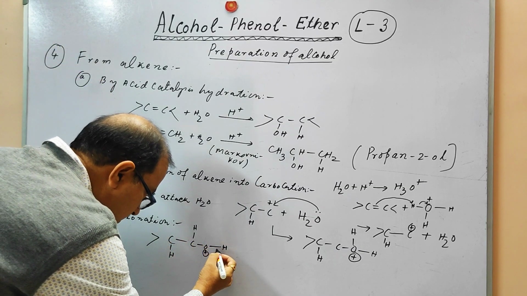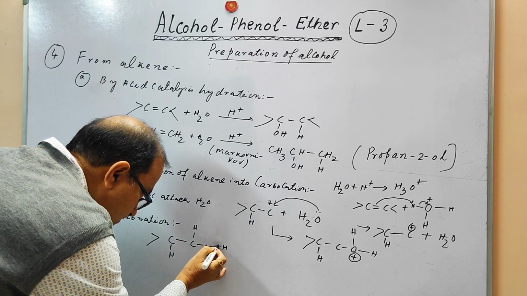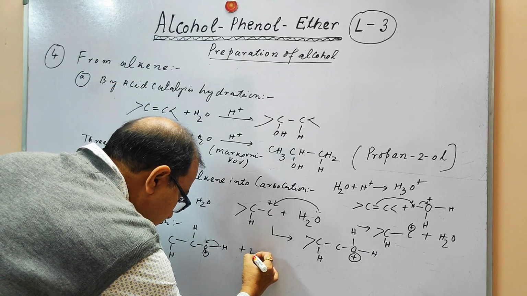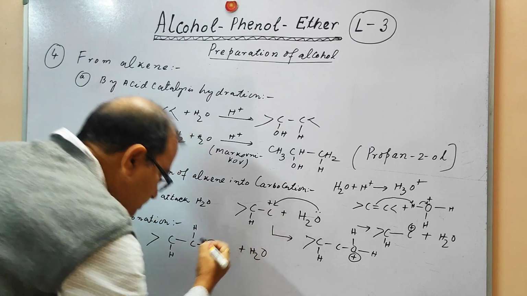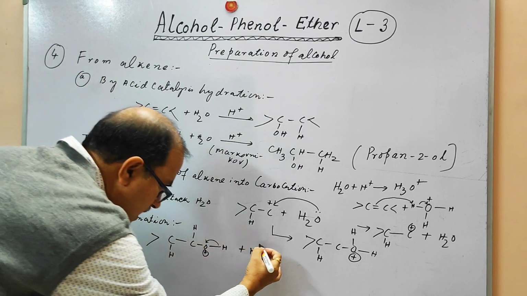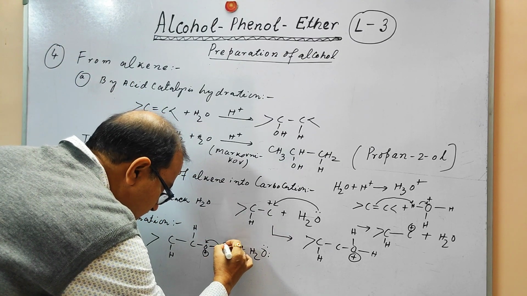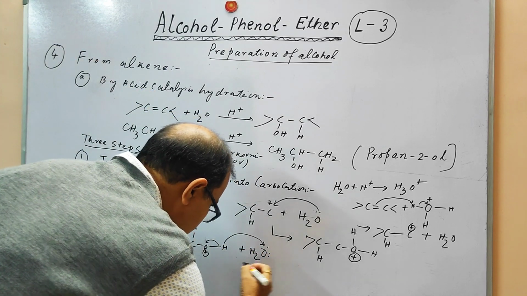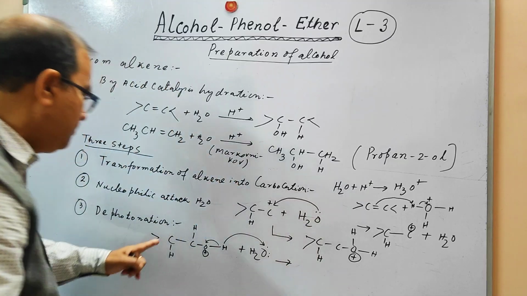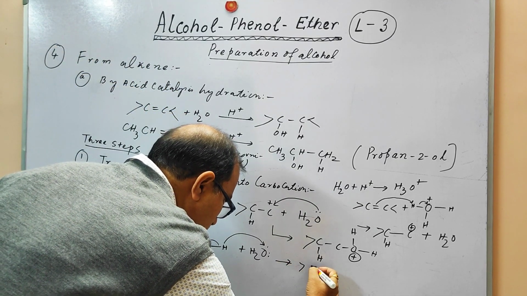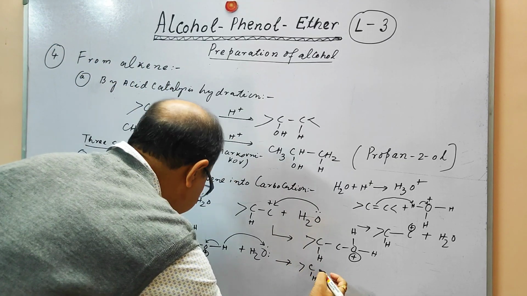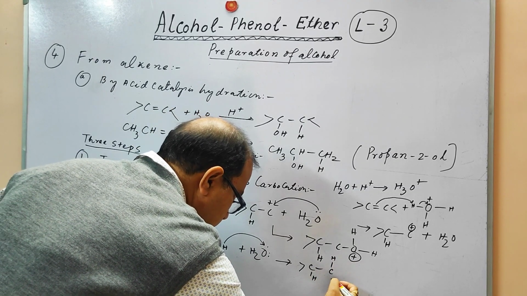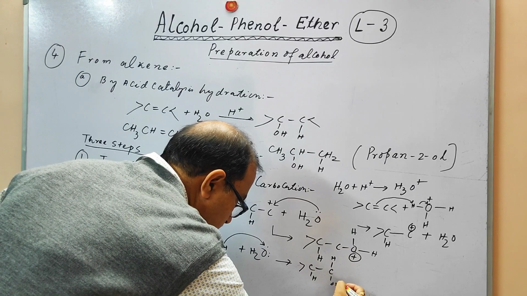So here what has happened, oxygen will take up this electron pair to itself, and now this hydrogen is free as a H plus ion, and this will be taken up by this electron. So ultimately the alcohol is being formed. You can see the alcohol is formed.